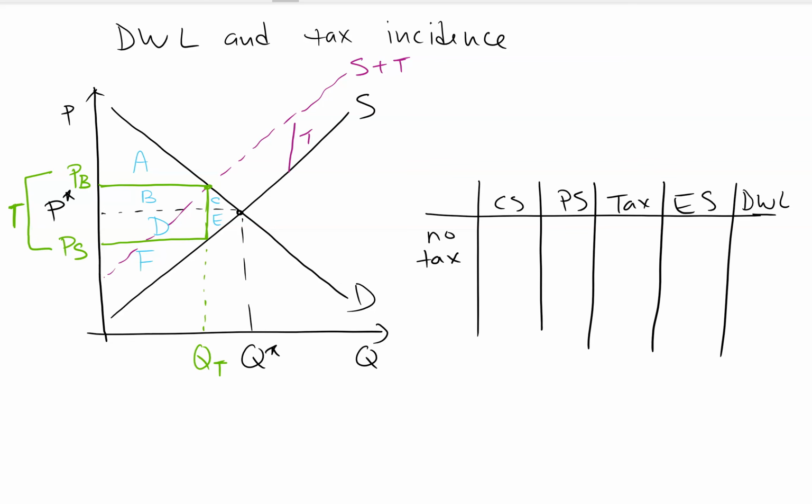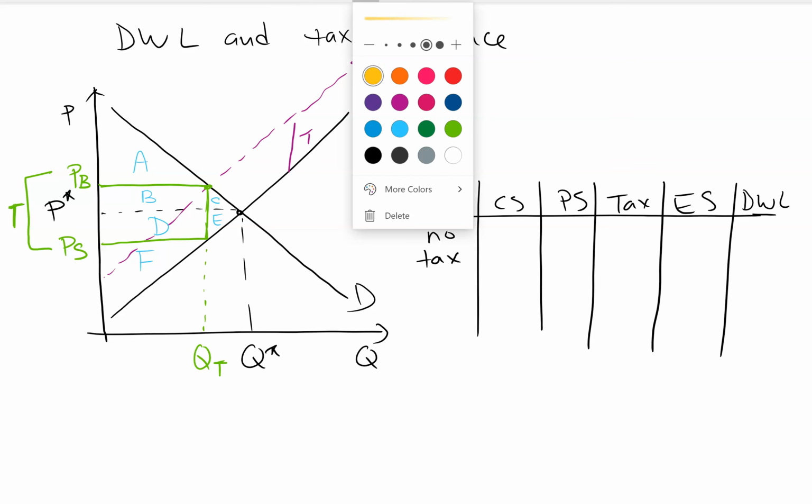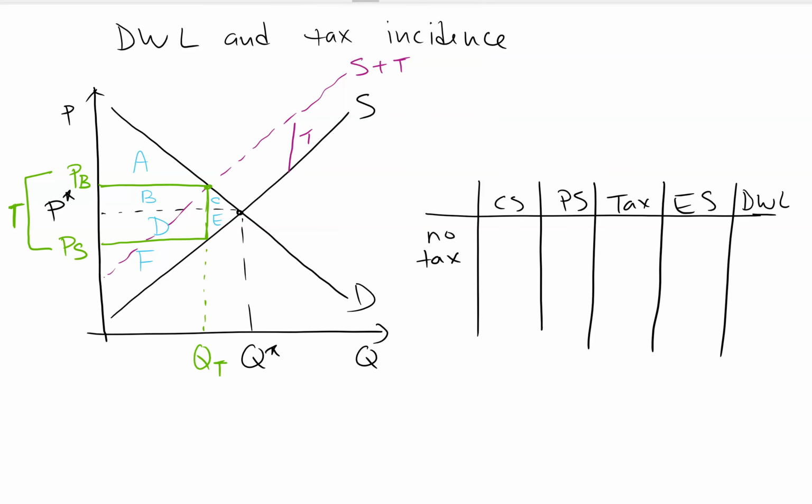When we have no tax, where was the consumer surplus? Remember, let's do this lightly in yellow. It's above the price, so they're paying P star, and below the demand curve. This yellow part up here would have been the consumer surplus.